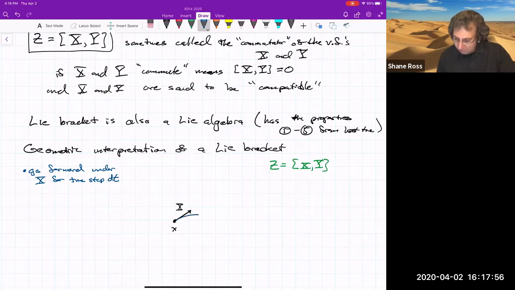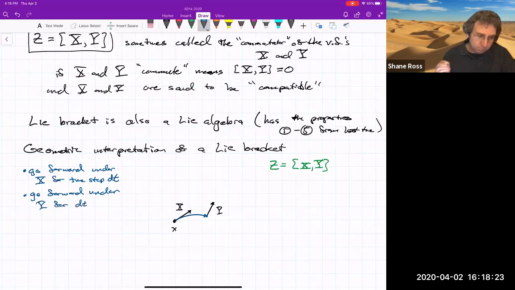I'm along this long enough that maybe there's some curving, and now I'm at this new point. At this new point, I follow the vector field Y. So now go forward under the vector field Y for time step dt, and this will curve a little bit too, and that takes me here.